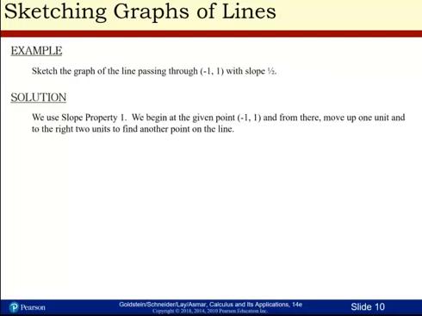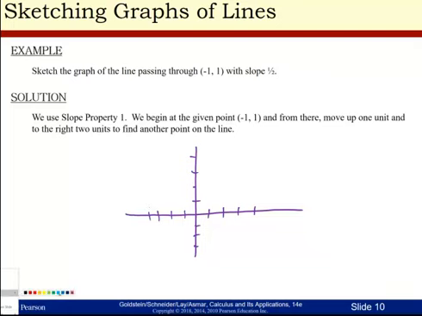They've asked us to sketch this particular line, so let's do that. I need a few tick marks on here so that I can draw this. And it says that we have a point, -1, 1. So I'm going to draw that point in a different color, this blue. -1, 1. There's that point.